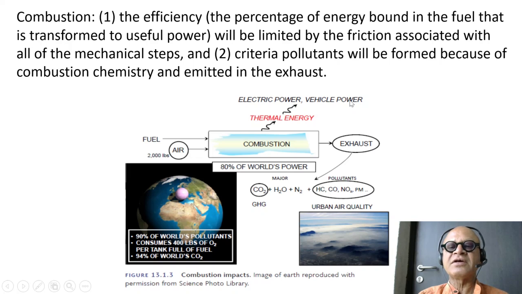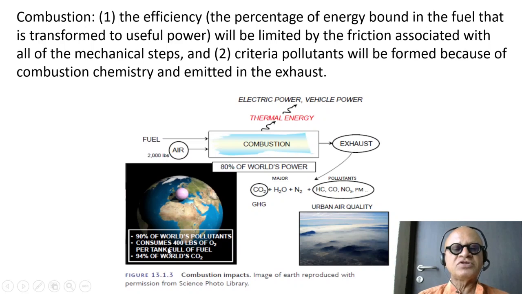the exhaust. So the electric grid that relies on combustion is taking fuel and air and producing exhaust, and it's driving 80% of the world power production right now, with major pollutants like, of course, carbon dioxide, a greenhouse gas, water, which is not bad, but it's a feedback to the warming as well, nitrogen, and there are chemical reactions happening, producing hydrocarbon, carbon monoxide, noxious particulate matter, and so on, and creating serious problems of air quality, not only in urban areas but also drifting into many peri-urban and rural areas.